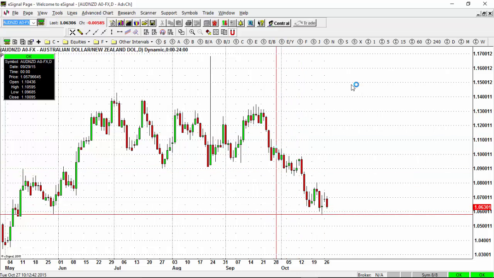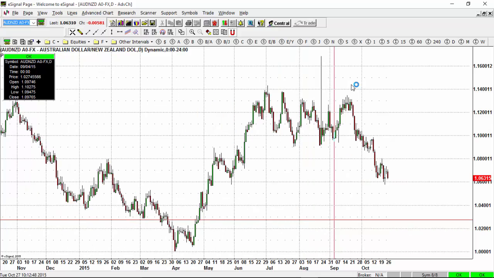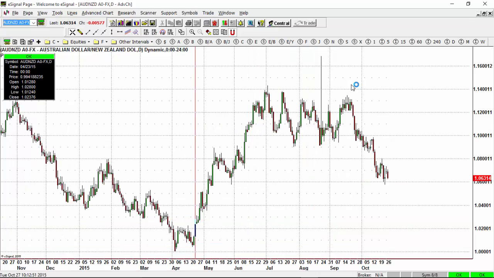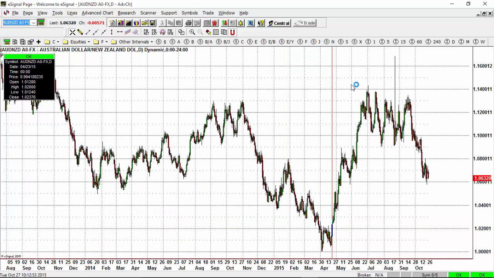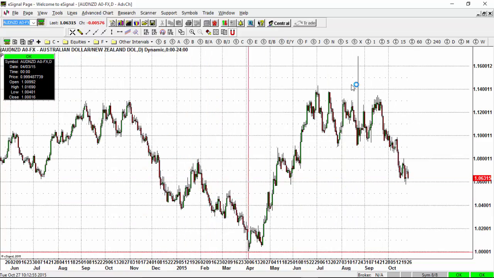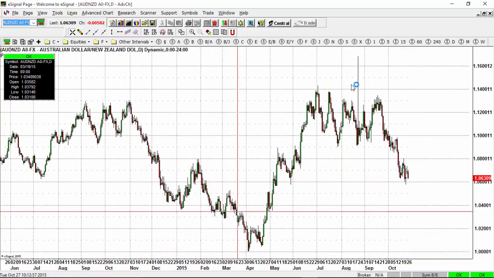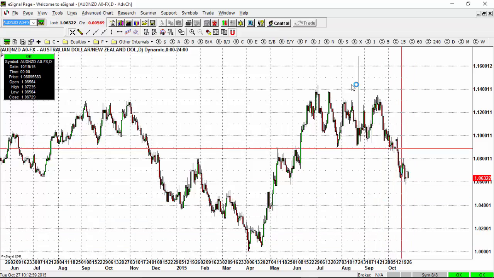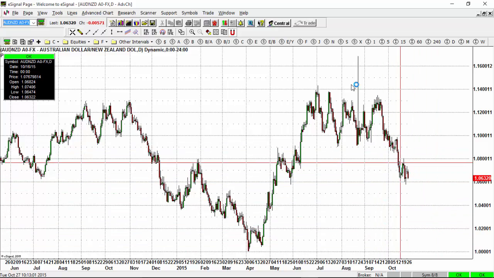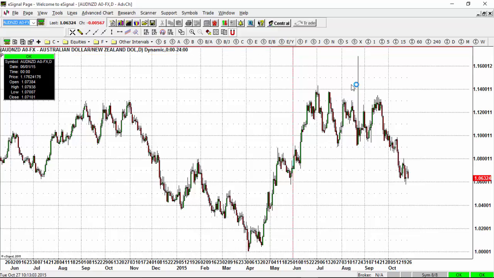The next area of support is 106, and if we do break 106, we could see further losses into the 103 level. Bearing in mind the low that was made earlier in the year was at $1 even, so there is some room for this to fall if it continues to fall.